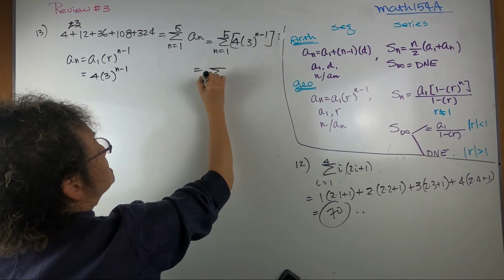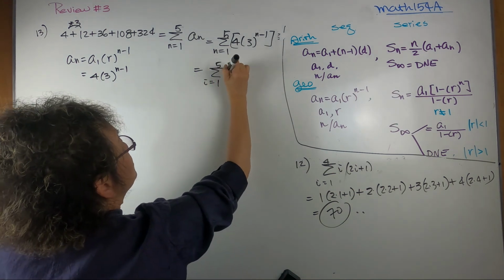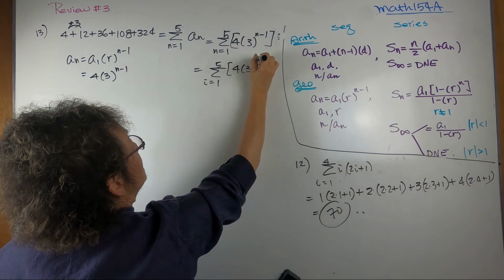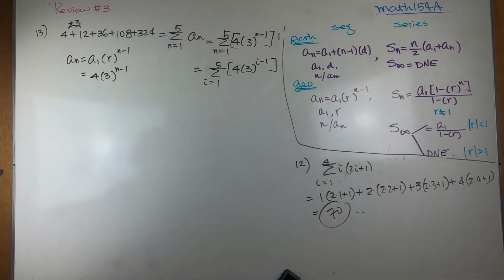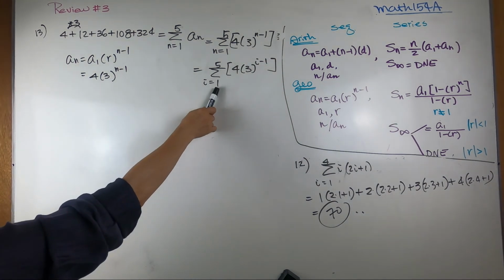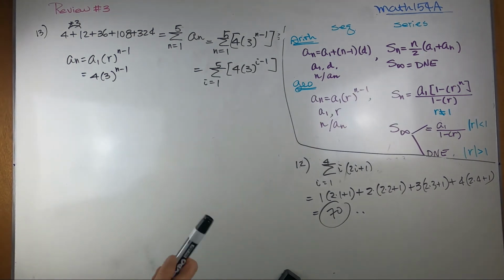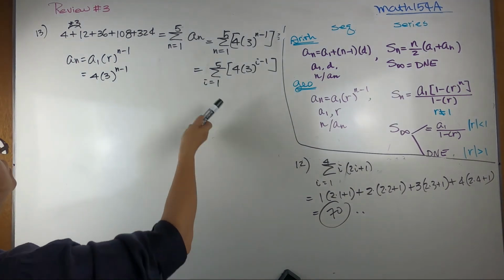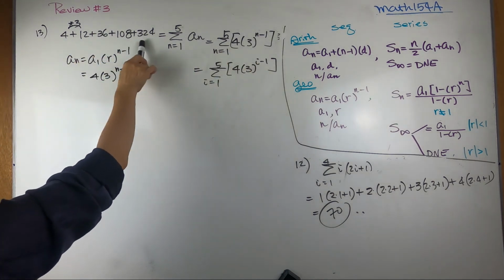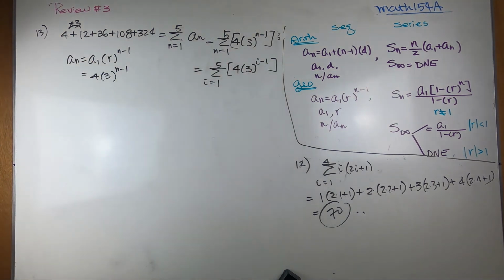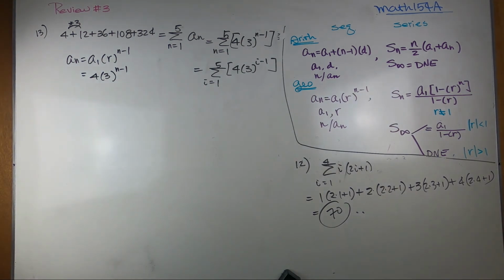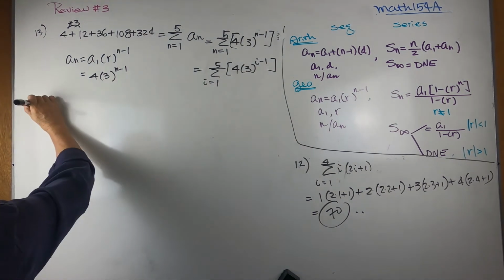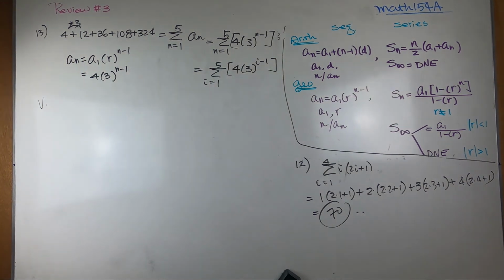Or you can use index i, and then you just do 4 times 3 to the i minus 1. That's your general term. It means n is 1 or 2 or 3, 4, 5. When you plug in, you should get this sequence and then sum it with sigma notation. So we are practicing the summation notation.